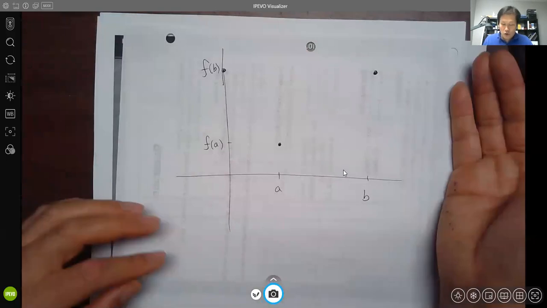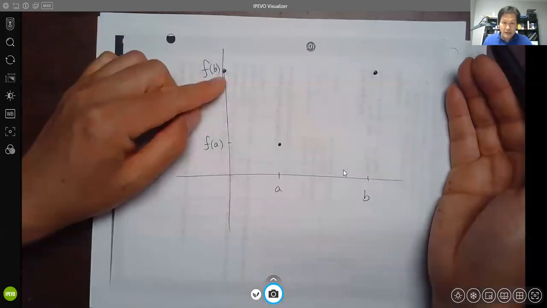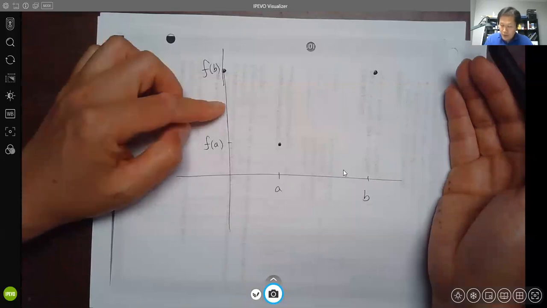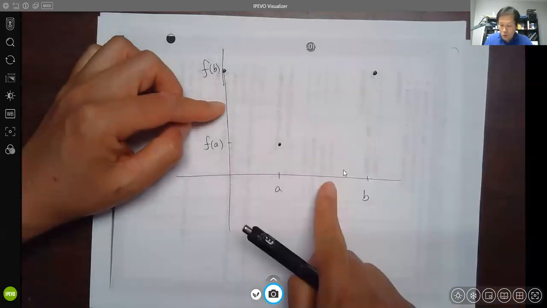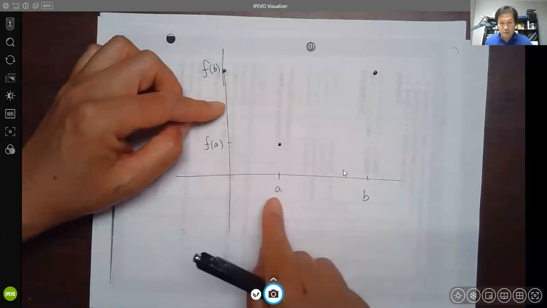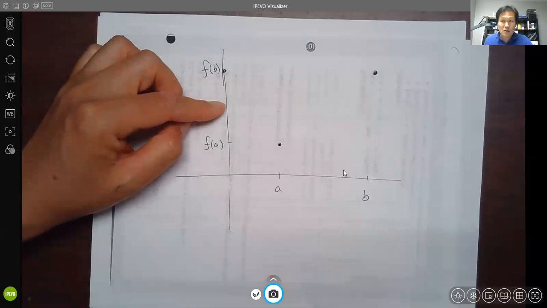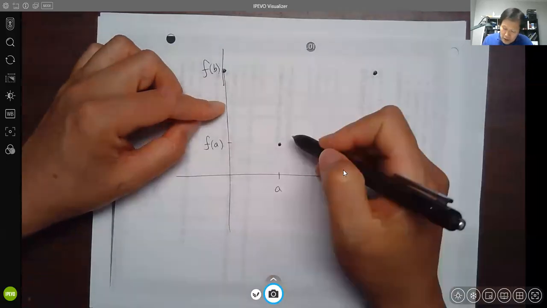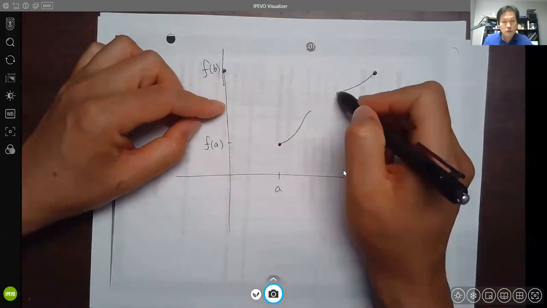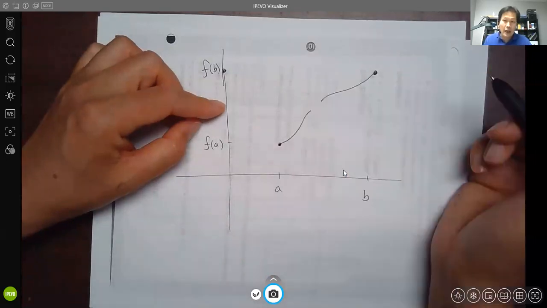And this is what they're saying. If you choose a number n on the y-axis between f of a and f of b somewhere, there's got to be a matching value of x on that function. That x value has to be between a and b. What are they talking about? All they are saying is, if this is continuous, this cannot happen.